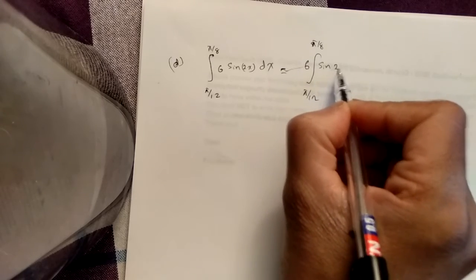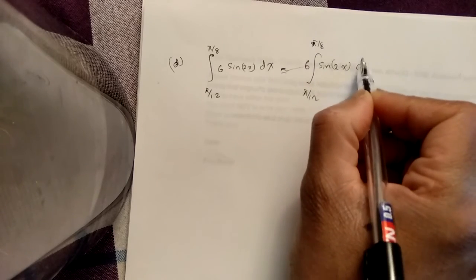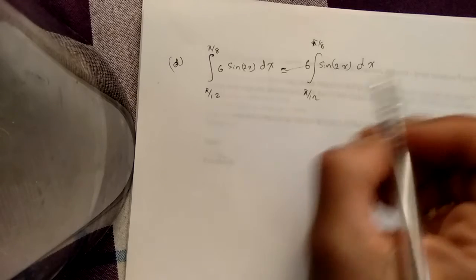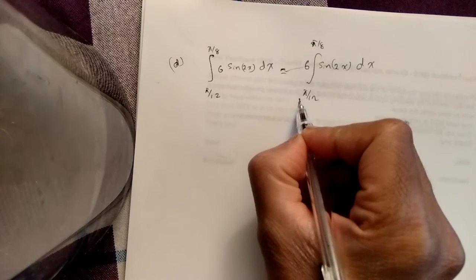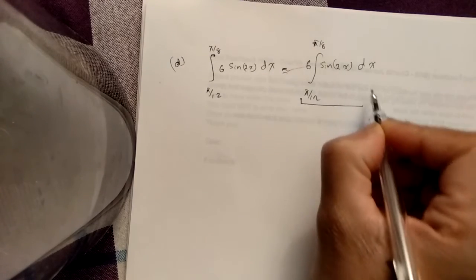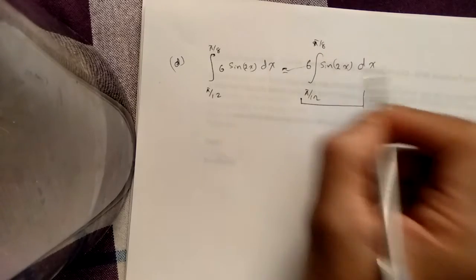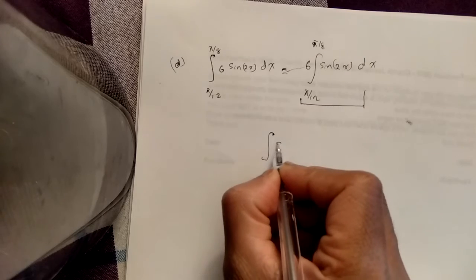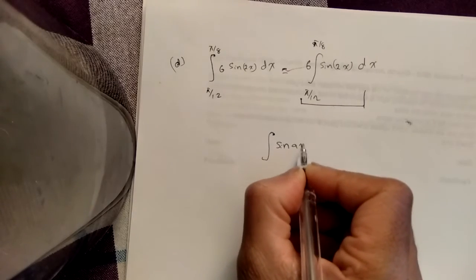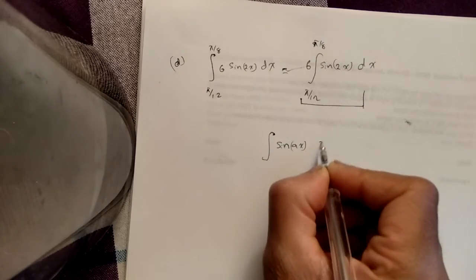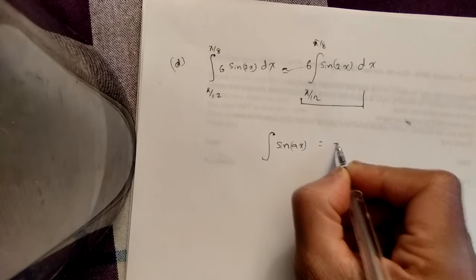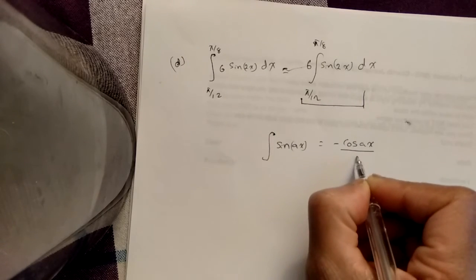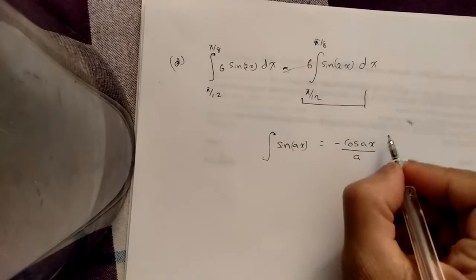And now when you have the integral of sine 2x, there is a standard result for this integral. Whenever you have sine ax, the integral of sine ax will be negative cosine ax divided by a, plus c, right?